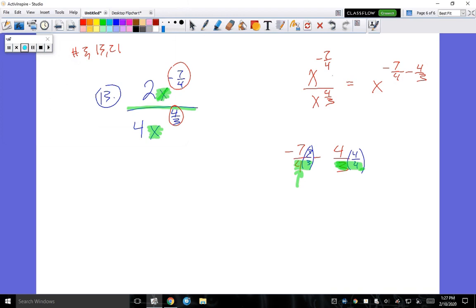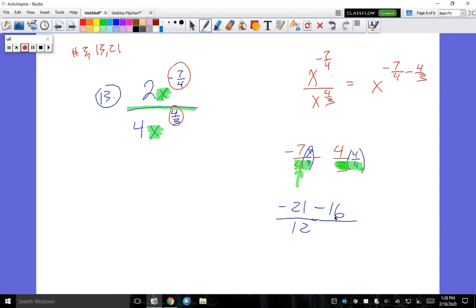You want to do this by hand, not with a calculator. So negative 21 over 12 minus 16 over 12. Go with me? Okay, so what do I get right there? Negative 37 over 12.